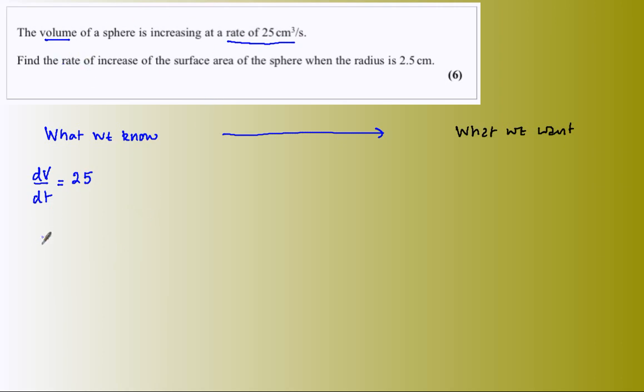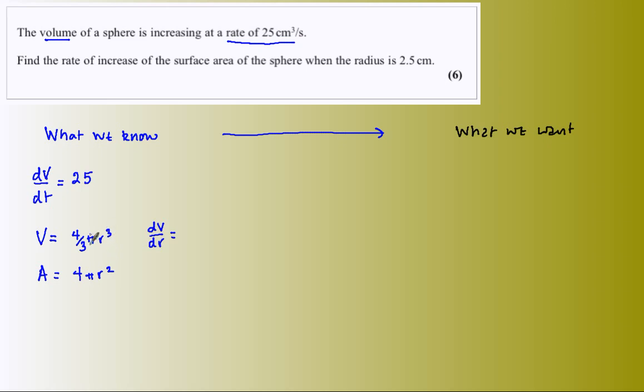We also know that we're dealing with a sphere, and the volume of a sphere I know to be 4/3 pi r cubed, and I also know the surface area of a sphere to be 4 pi r squared. If I differentiate these, I've got V, I've got r, so I can differentiate to give me dV/dr, and it's the r that is the variable, so keep your eyes on the r.